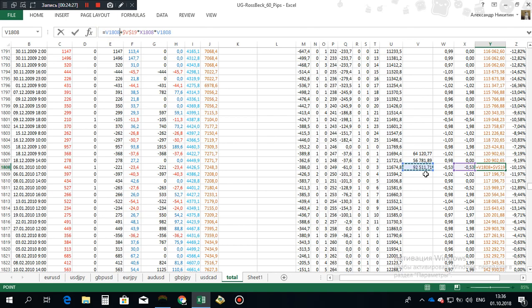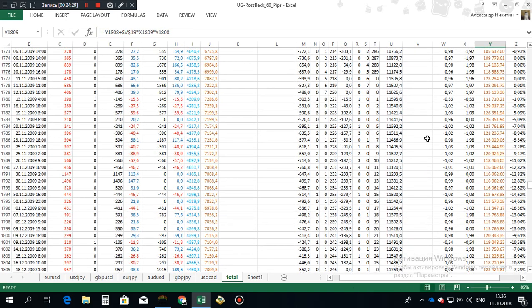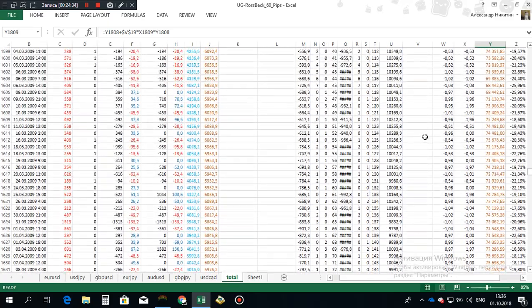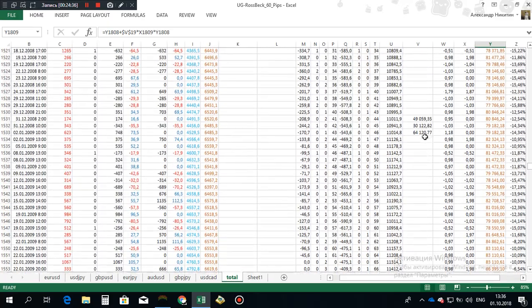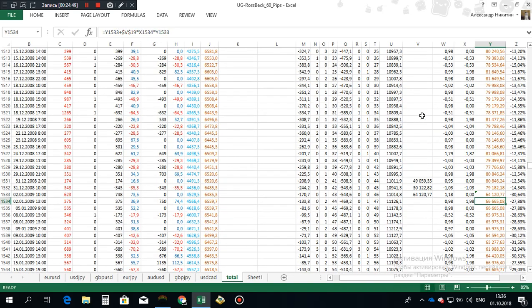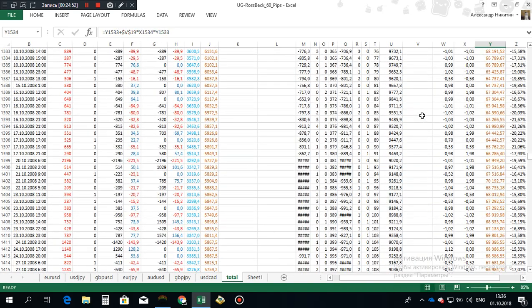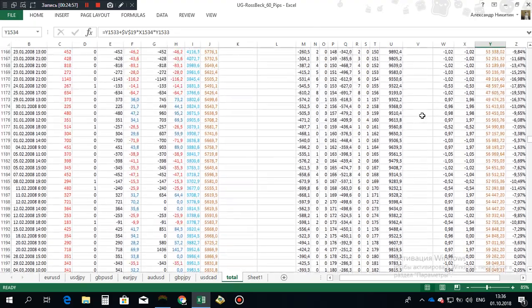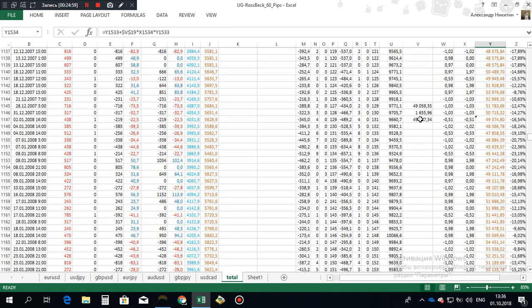And let me also check if I did the change here as well for 2009. Oh, I didn't, so I need to change the formula to start the year from our new account. Okay, done.